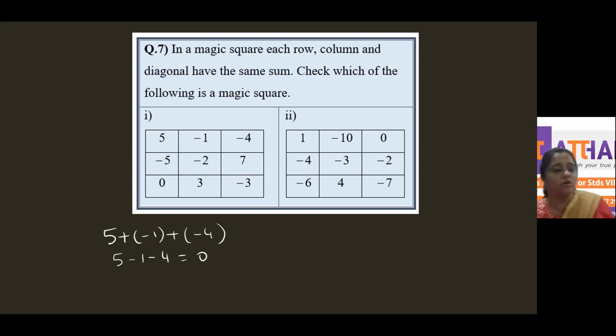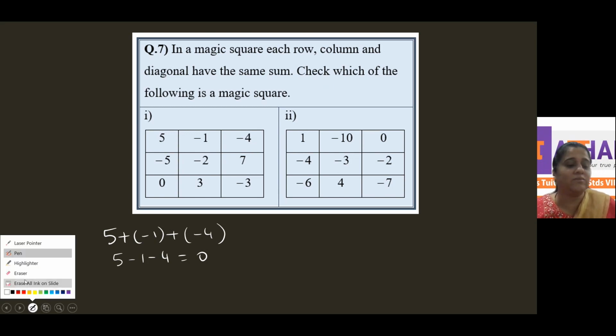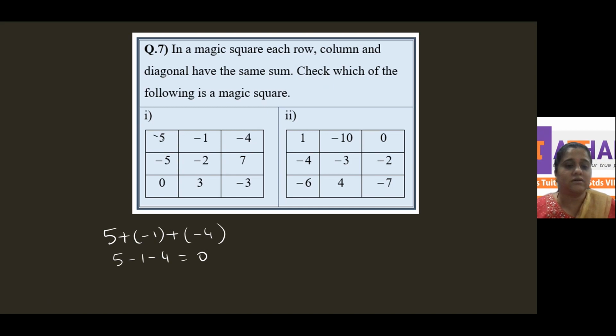Can you see that? It's 0. Third row is also 0. First column, 0. Second column, 0. Third column, 0. Diagonal from left to right, 0.